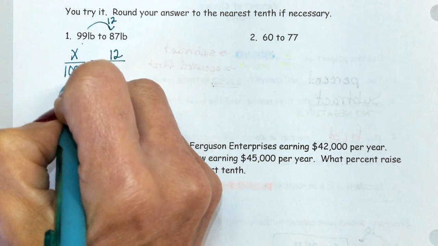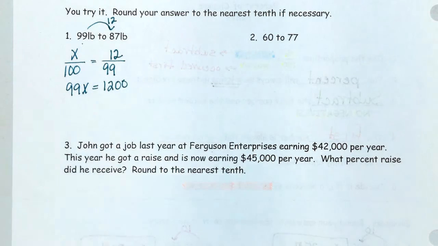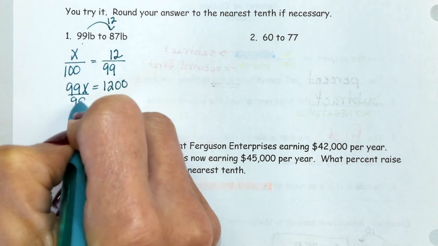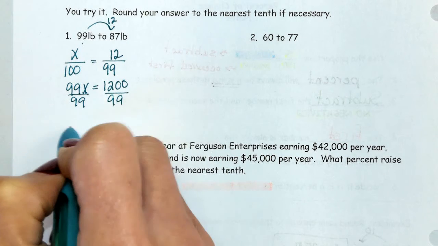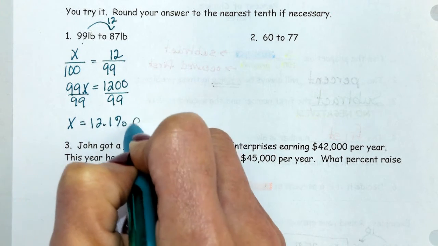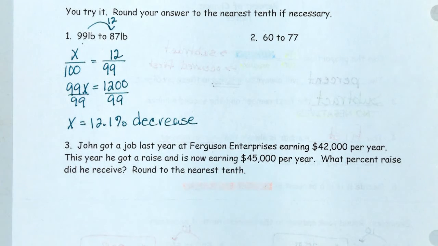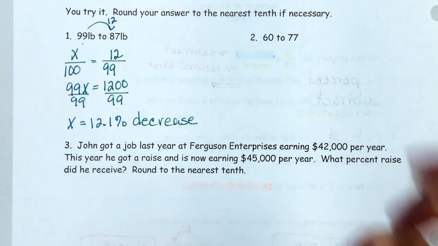Cross multiply, 99x equals 1,200. Divide by 99. And x equals about a 12.1% decrease because the weight went down. Okay, round to the nearest tenth if you have to. You don't always have to.